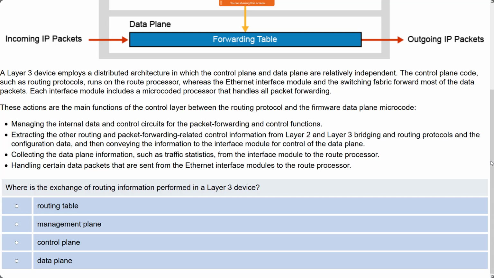Because processing things in hardware is always going to be far more efficient than processing things in software. And that's really the idea, right? We want to make sure that we process things as quickly as possible.